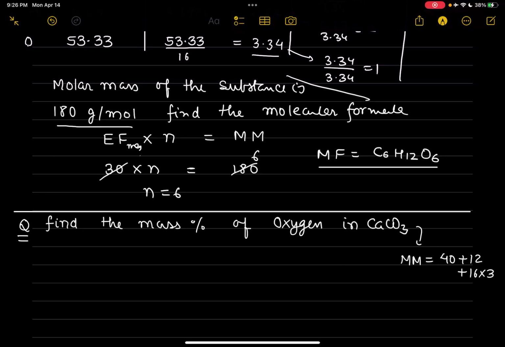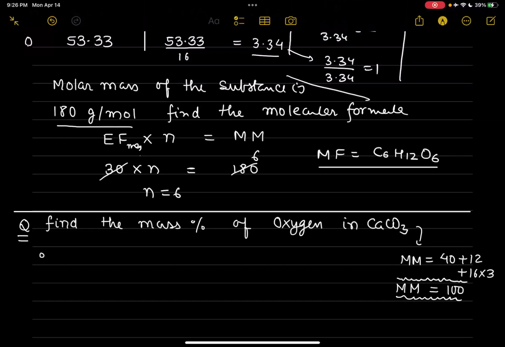That is 48, plus 12, 60, and 40, 100. Molar mass is 100. Got it? Okay.